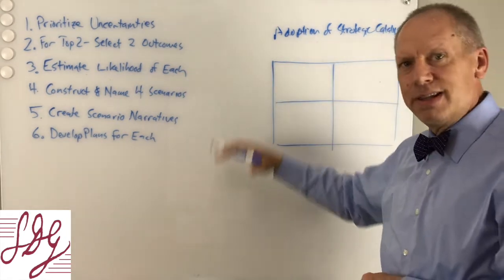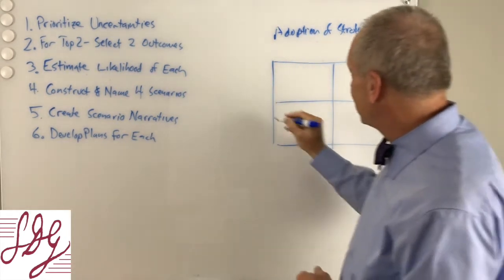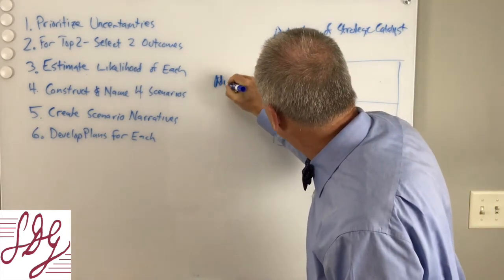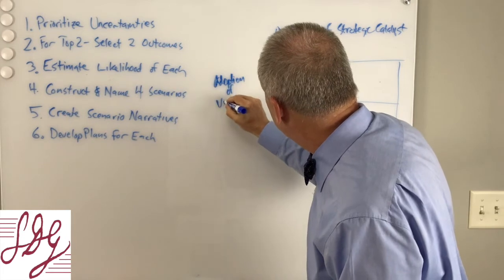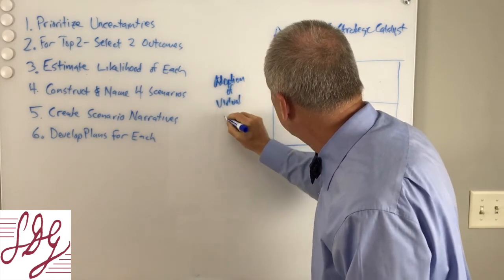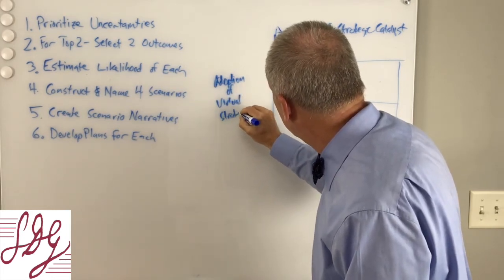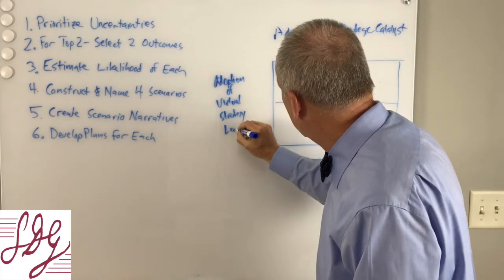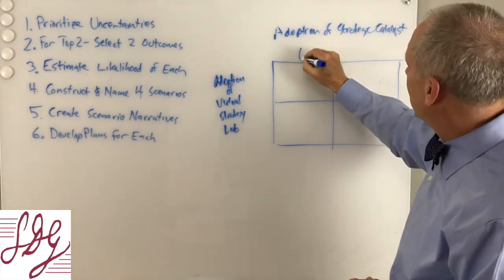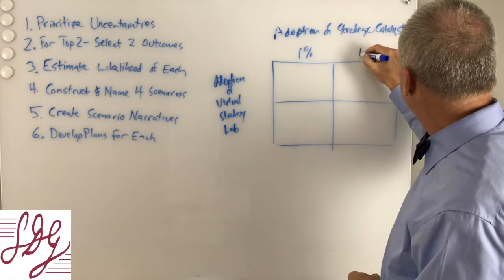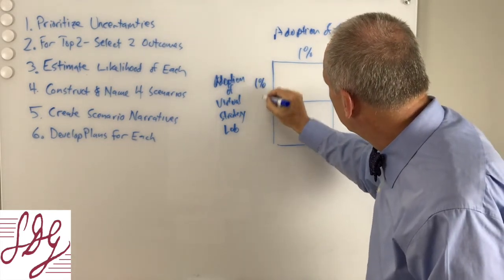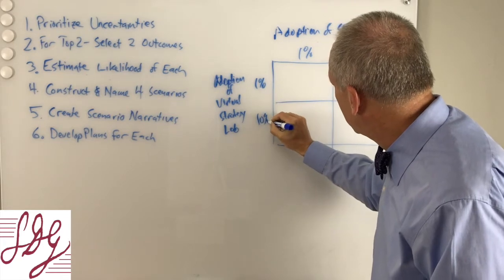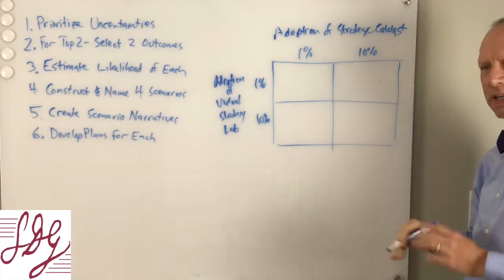And down the y-axis, we'll have the adoption of a virtual strategy lab. And for each, we'll have the pessimistic view and the optimistic view. And so this gives us our 4 scenarios.